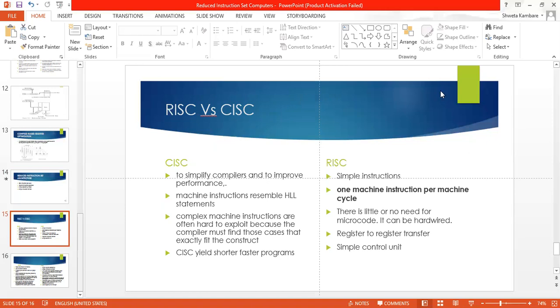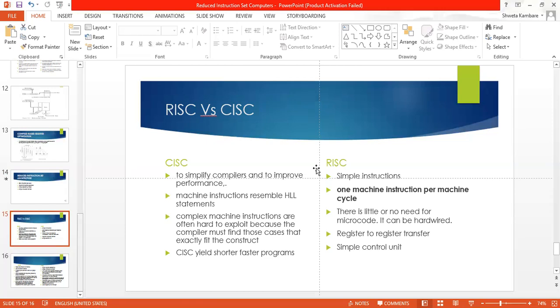Okay, so let's now talk about RISC as compared to CISC. So first is simple instructions, as we have just talked about. Simple instructions, one machine instruction per machine cycle. And this is one of the important points. There is little or no need for microcode. It can be hardwired, as the instruction set is simple.